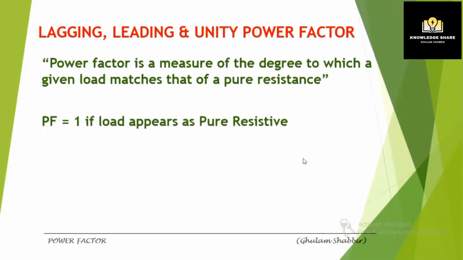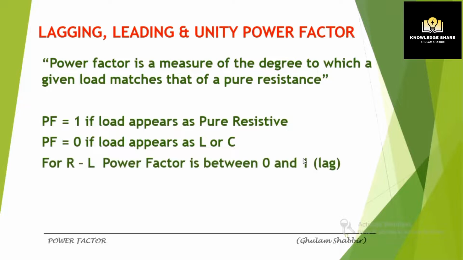So power factor is equal to 1 if the load appears as a pure resistive load, and if power factor is equal to 0, the load is purely inductive or capacitive. If the load is a combination of both resistive and inductive, then the power factor will be between 0 and 1 and it will be a lagging power factor.